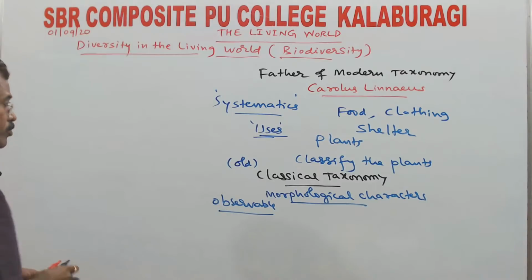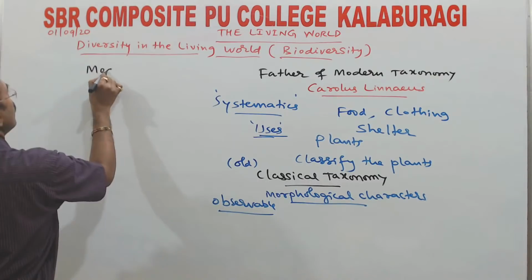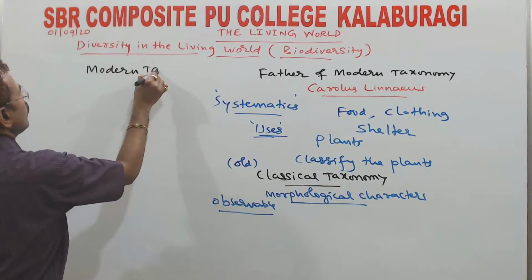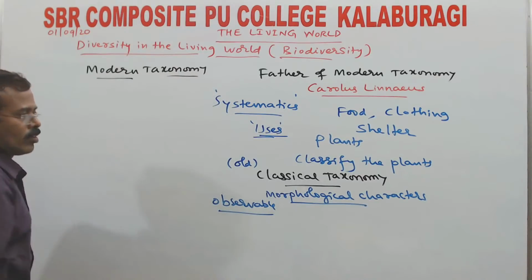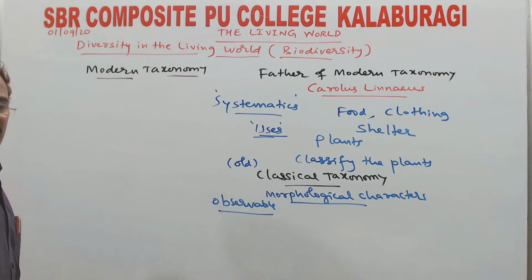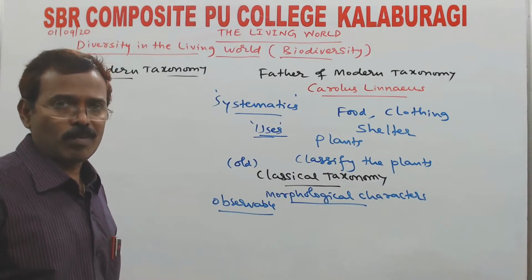Modern taxonomy makes use of several characters in order to group plants and animals.